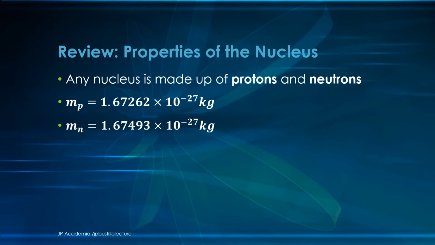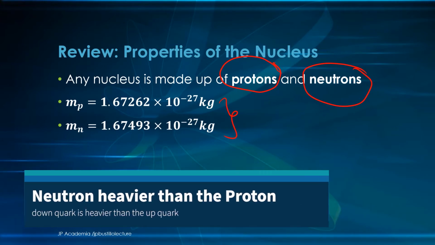We have discussed before that any nucleus is made up of nucleons, mainly protons and neutrons. And we have the following mass for both proton and neutron.